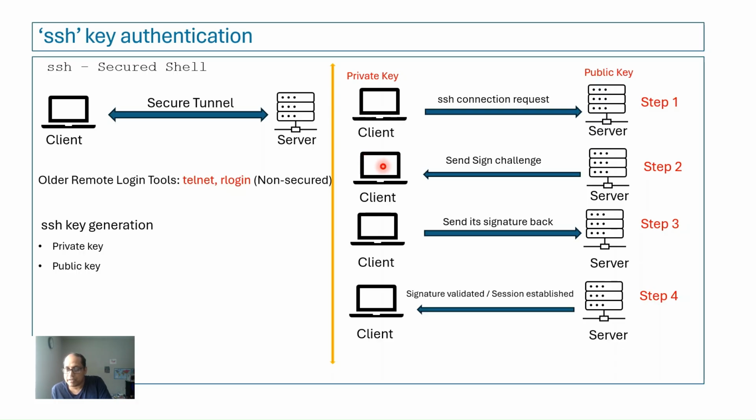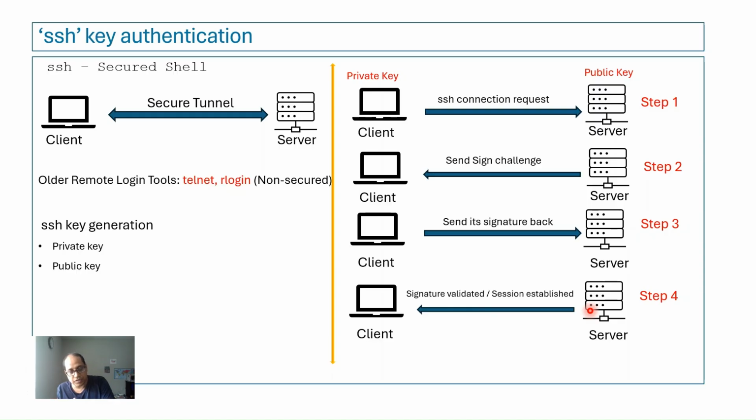That signature can be created only through the private key, and it sends it back to the server. Now the server validates the signature using the public key that it has for this client. The public key can validate the signature, but cannot generate one. Only the private key can generate a signature. If the public key validates it and finds it genuine, that yes, this is a matching private key for this public key, then the signature is validated and the session is established. This is the newer, modern SSH method of how it works.